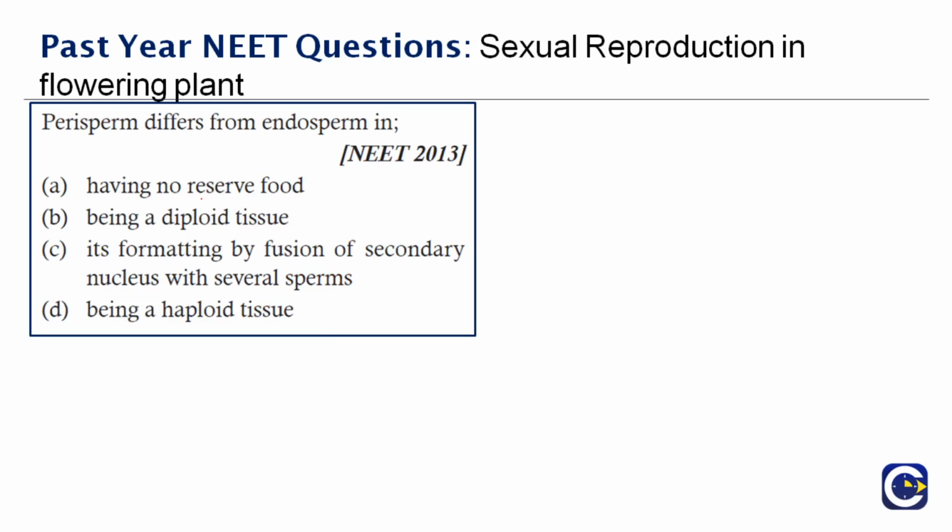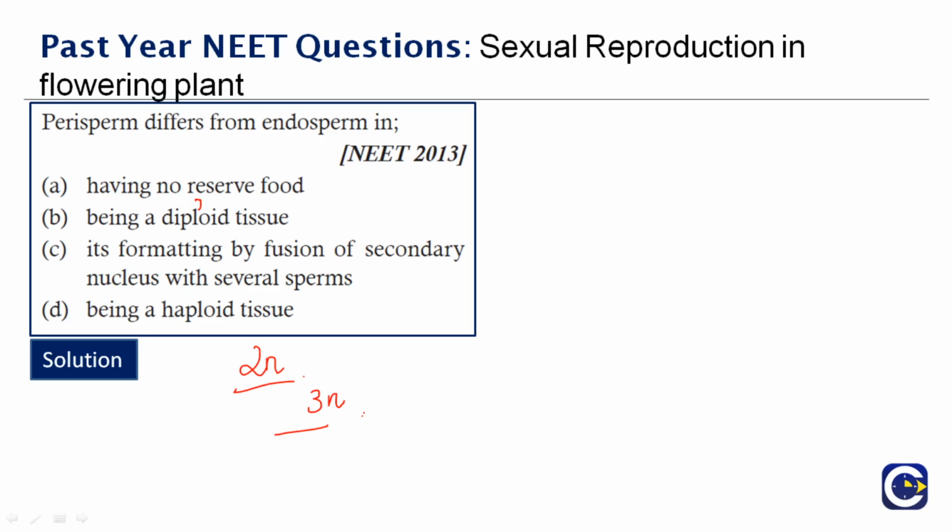Next question here. Perisperm differs from endosperm in dash, and this question was asked in the year 2013. Perisperm is the remnant of the nucellus, which is diploid. So when I say diploid, you always have to remember it is 2n, right? But endosperm is triploid. When I say triploid, it is 3n. Perisperm occurs in the seeds of black pepper, coffee, castor, cardamom, etc. Endosperm is a food-laden tissue which is meant for nourishing the embryo of the seed plants.